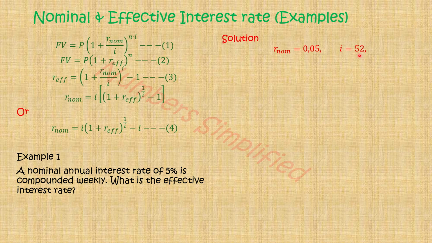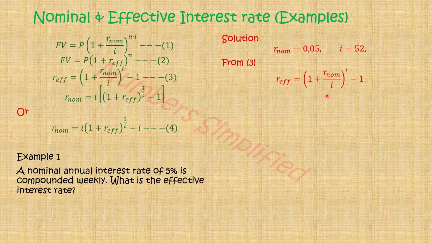So our I becomes 52 because that is the number of times it is compounded within a year. What we are looking for is the effective interest rate. With that, we see that formula 3 is the relevant formula to apply.